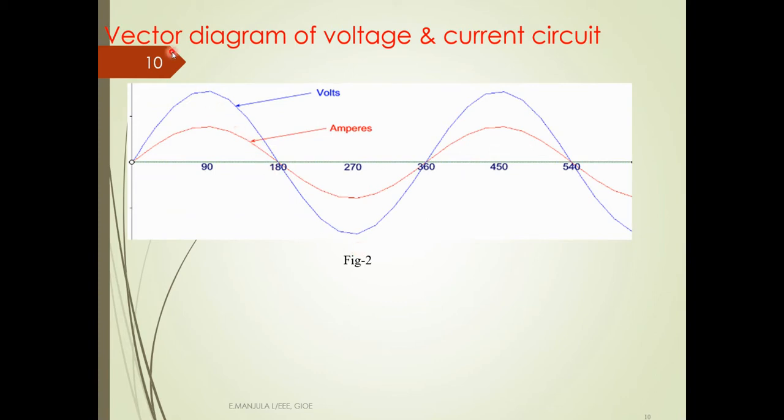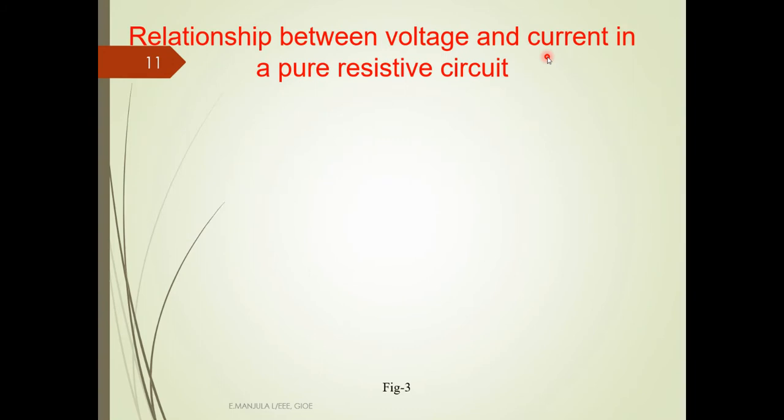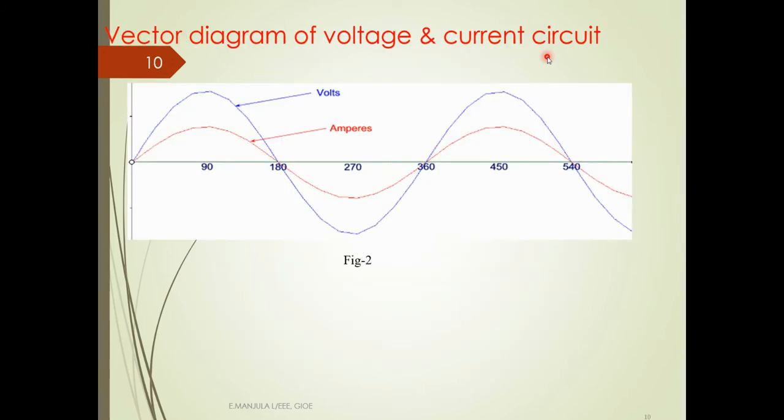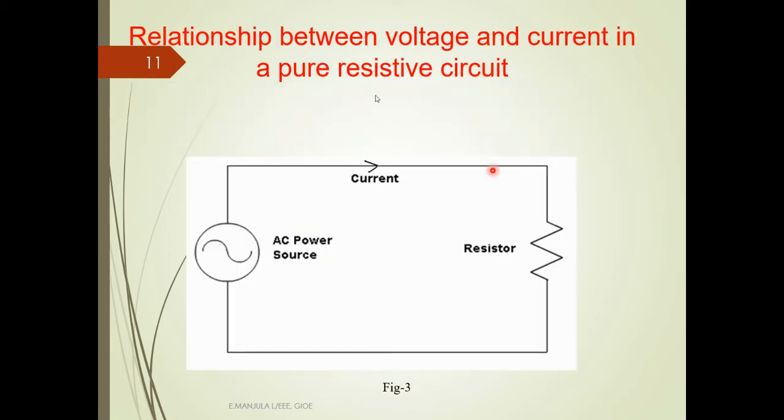So here is the vector diagram of voltage and current. If you observe, this is a current and this is a voltage. Now the relationship between the voltage and current in a pure resistive circuit.